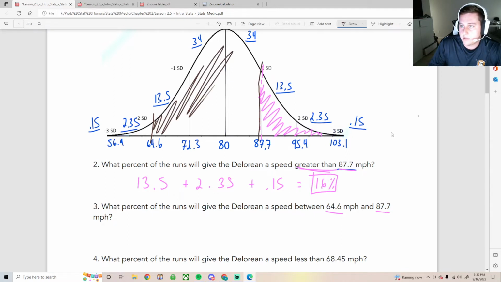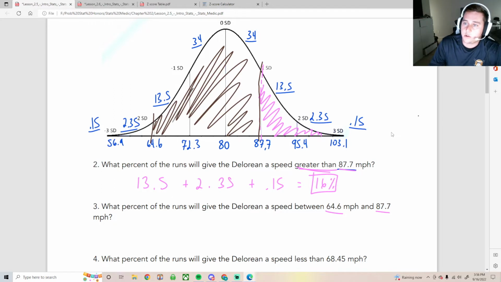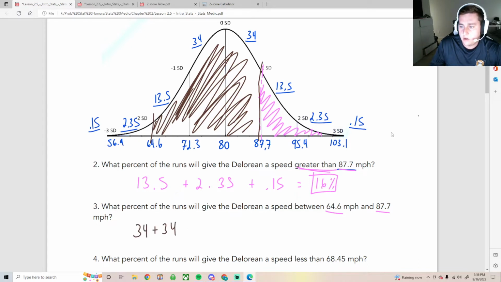So we're talking about this area here. This giant area here is 34 and 34, which is 68, and then plus 13.5, so I think that's 81.5. 34 plus 34 plus 13.5 should equal 81.5. 82.5? 81.5.